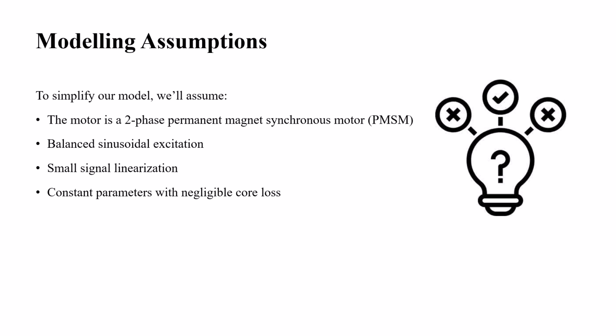As we already know, for the motor to run we need to give excitation, and that excitation will be sinusoidal excitation, with small signal linearization principles. And we are neglecting core losses, because when we neglect the core losses, we can easily get the current and voltage equations. So it will be easy to make the system control, and not to go into very in-depth, sophisticated control algorithms.